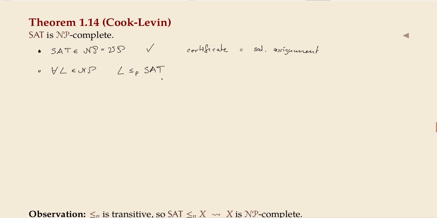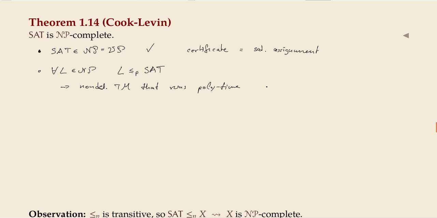And then we can use SAT to simulate the operation of the machine by a formula. And if you recall this, L in NP means there's a non-deterministic Turing machine that runs in polynomial time. I'm using the magic poly time again.